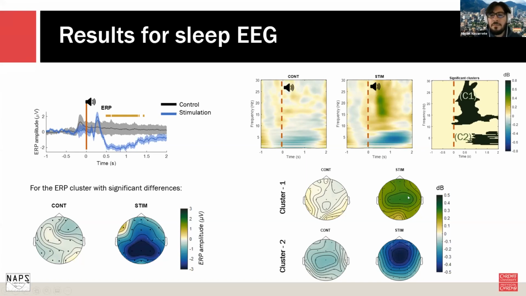The increase of beta activity is maximal in the central areas, whereas the decrease of theta activity is maximal in frontal central areas.